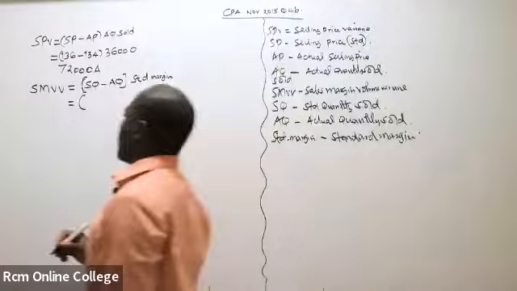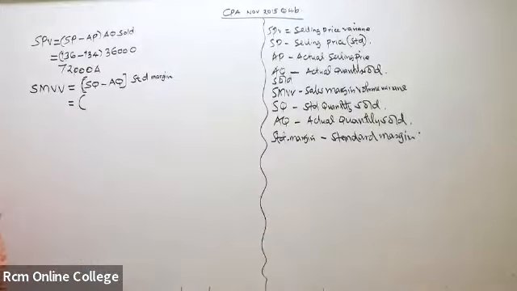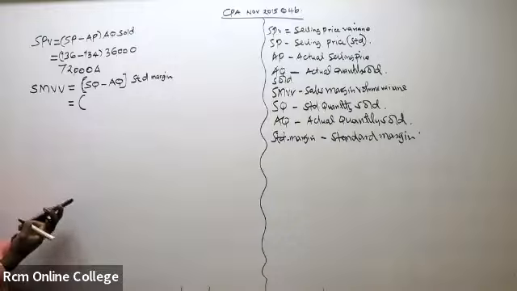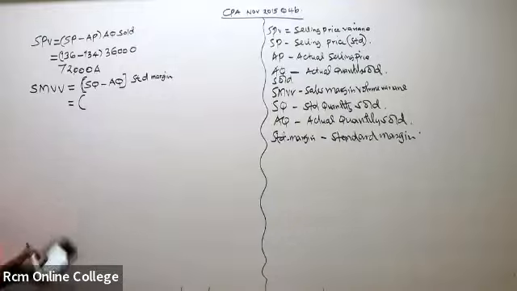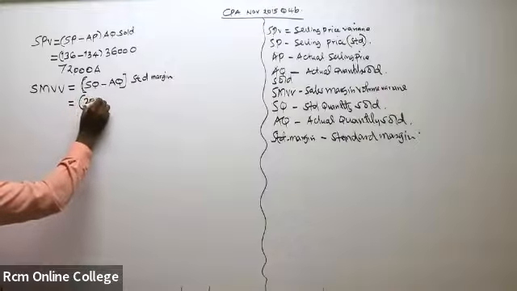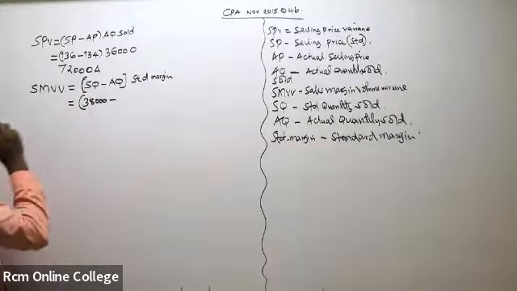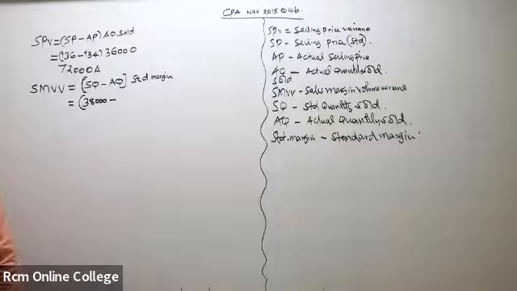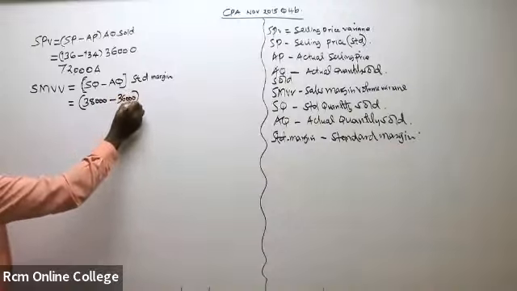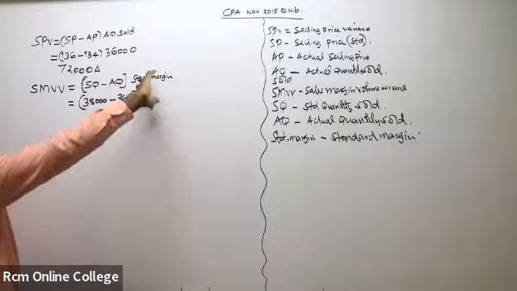Good. So let's get standard quantity sold. Standard quantity as per their budget. How many units were to be produced and sold? 38,000. They planned to produce and sell 38,000. They ended up selling how many units? 36,000 units. Before we go to the standard margin, that will come later.